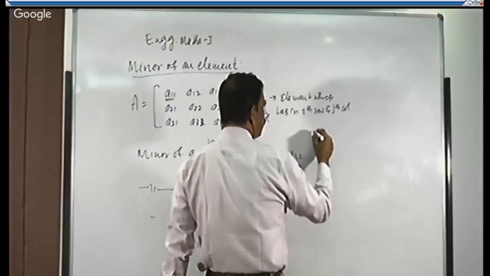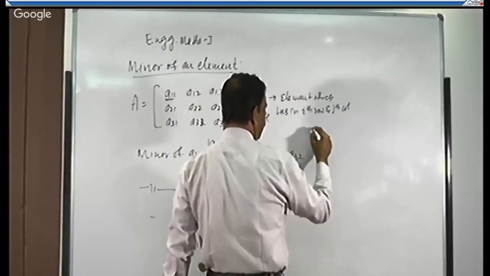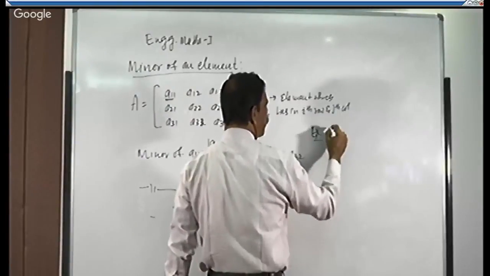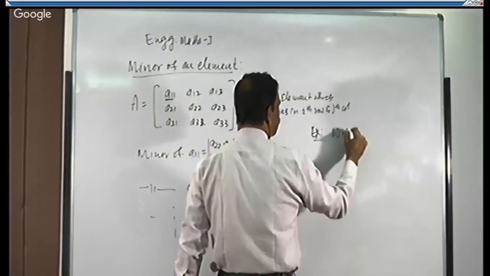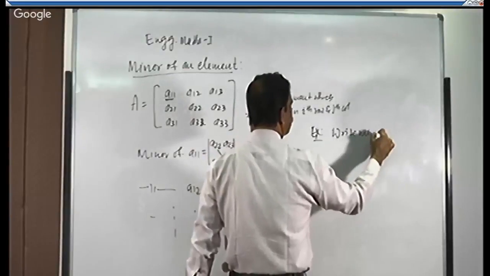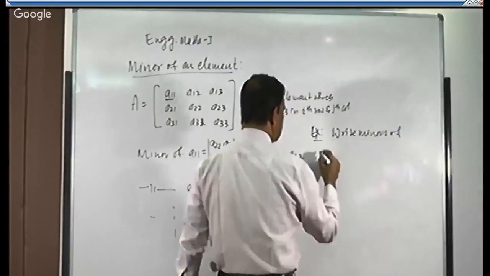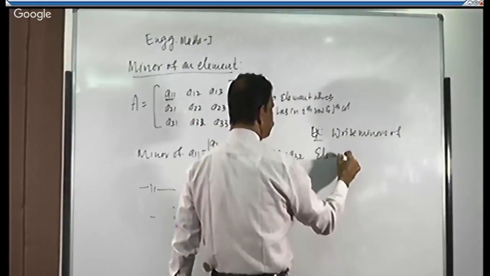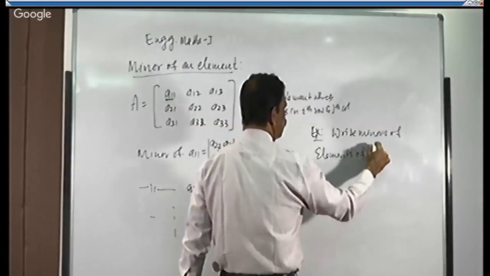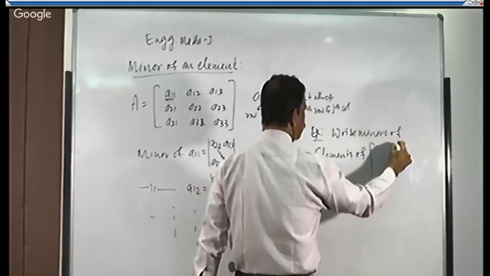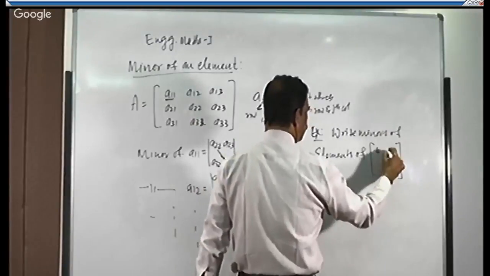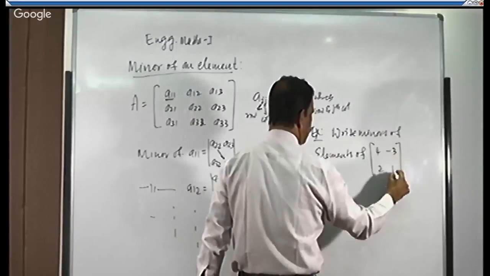Next, suppose I take an example: write the minors of the elements of the matrix 4, -3, 2, 1.